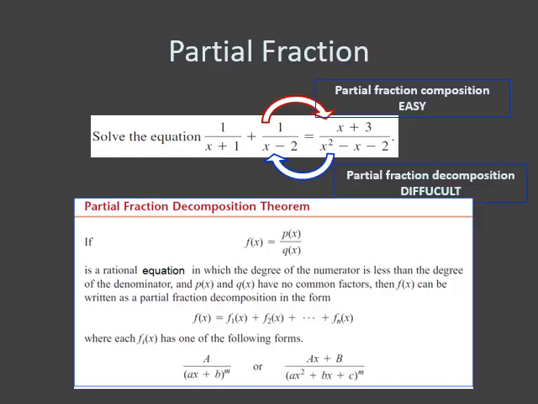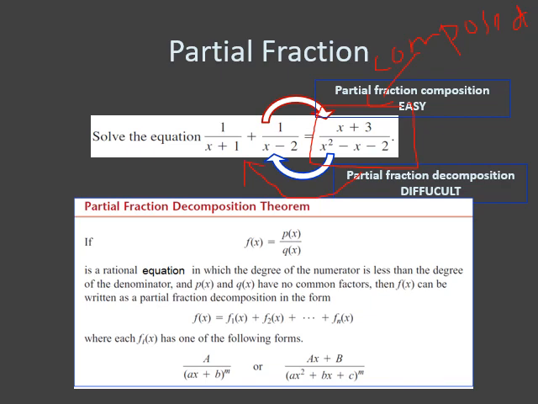5.3 is about the partial fraction. It means that when we are given a partial fraction, there will be 2 cases. Case 1, decompose one. When we have the composed one, it's quite difficult to decompose it.